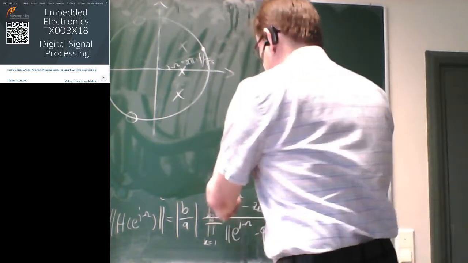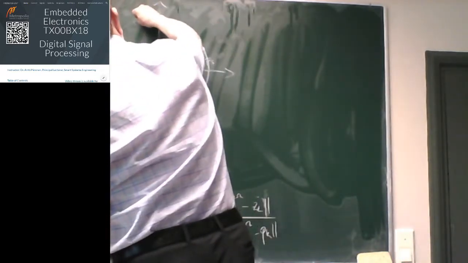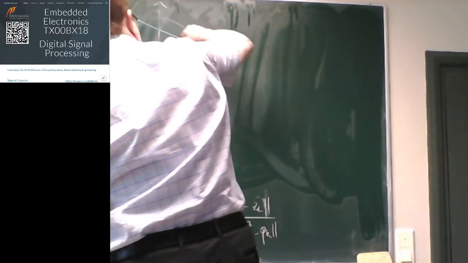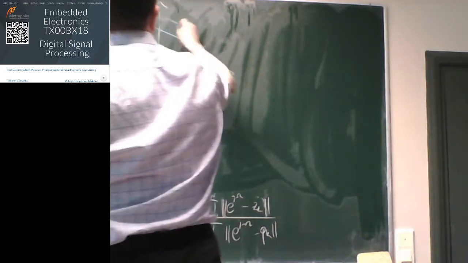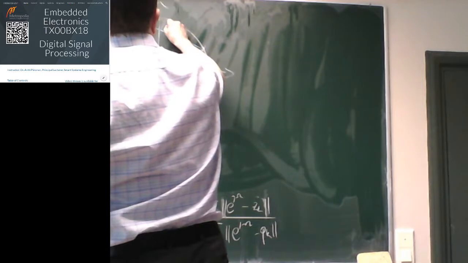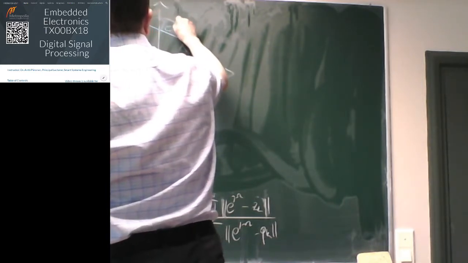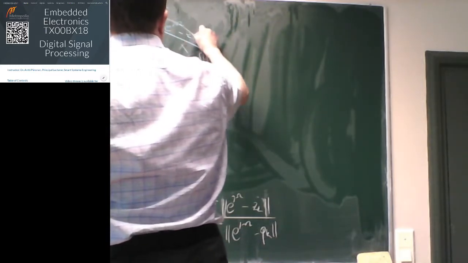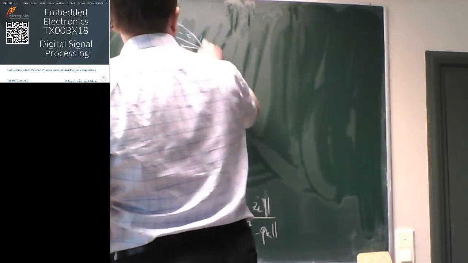So this is linearly proportional to the physical frequency, and then we have those distances. For example, the distance to zero 1 is here. And similarly, here we have the distance to pole 1.